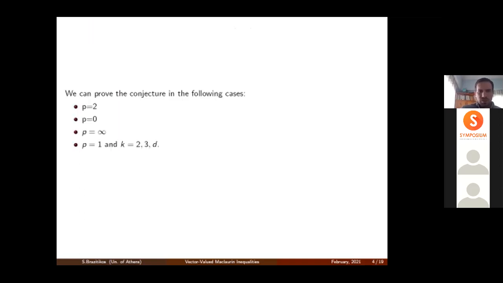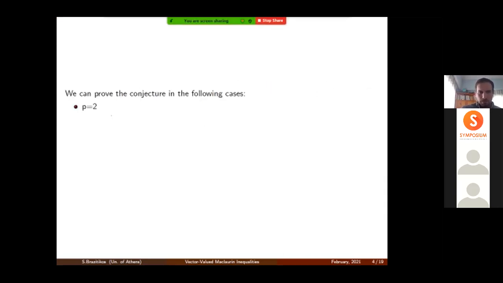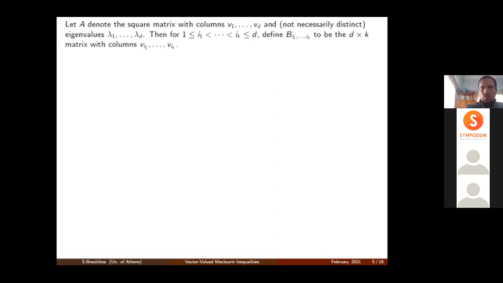Okay, let's first see the p equals 2 case. We denote by A a square matrix with columns v_1 up to v_d, and let's say that its eigenvalues are lambda_1 up to lambda_d. Then we define a submatrix of this matrix.